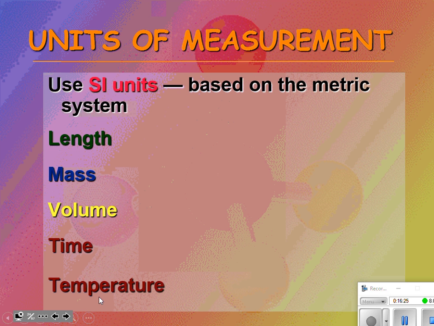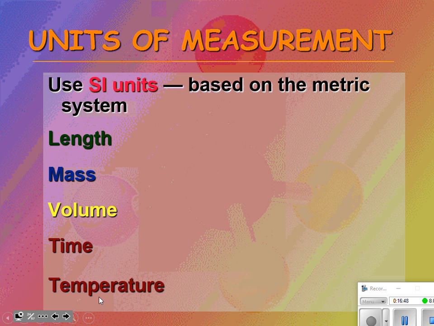When we're talking about mass, we're going to be talking about grams. Volume will be in liters. Time is in seconds. Temperature in the metric system is based on degrees Celsius.